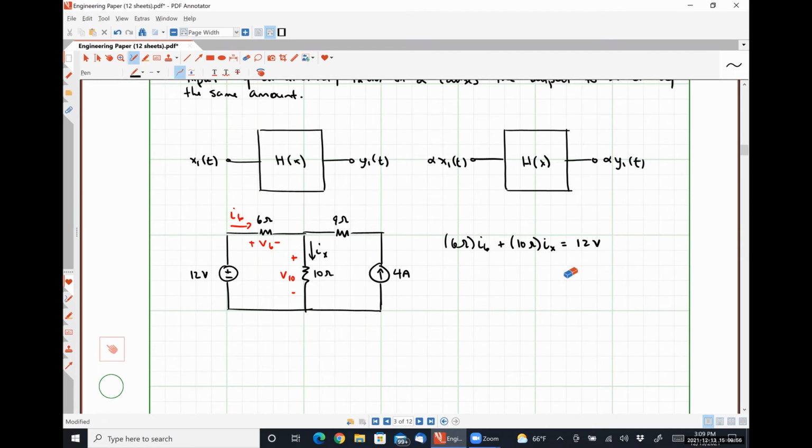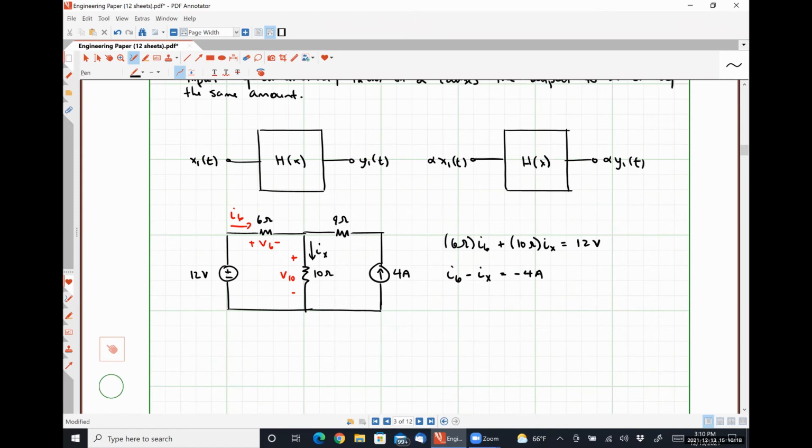My KCL equation is going to be I6 minus IX is equal to -4 amps. So this is the result of me taking the equations that I developed earlier and just doubling the contribution of each source.